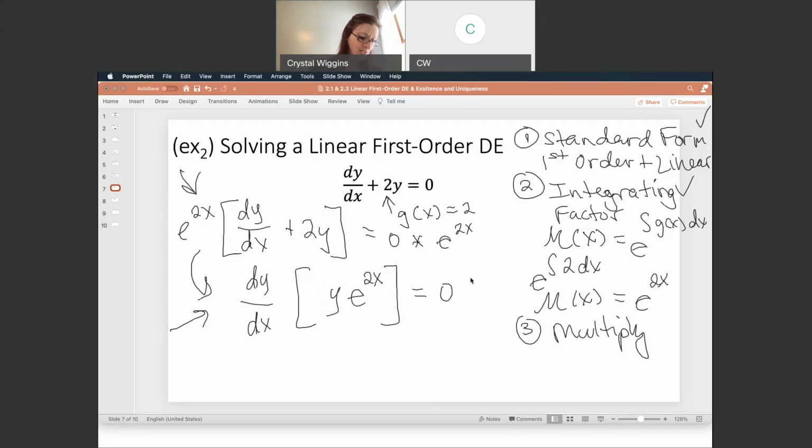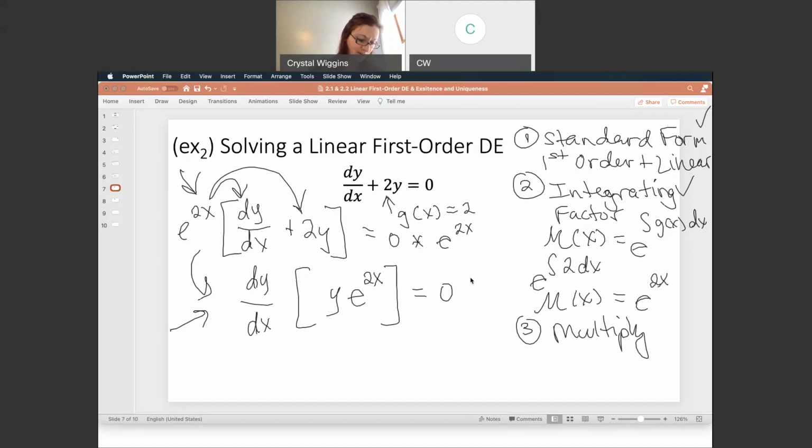If I distributed this out, I have a derivative times a function, and I have a derivative times a function. So 2e to the 2x. Okay, that is the derivative of the y function. And so we undo that, and that's where the 2 disappears, right? So we have e to the 2x.